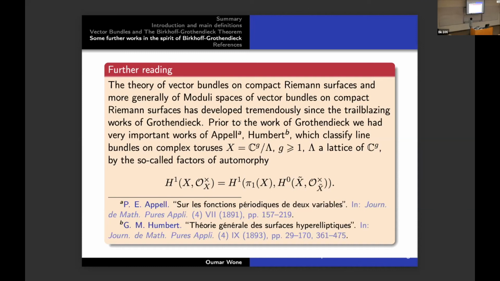And they show that the space of line bundles over X is isomorphic to the group cohomology. This is the modern statement. So it is isomorphic to the group cohomology H^1 of the fundamental group with values in the space of global sections of O_X tilde star, and X tilde is the universal cover.